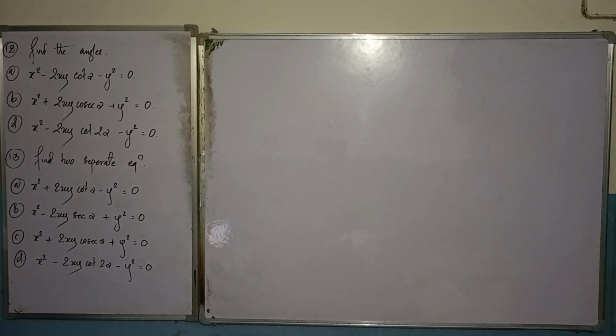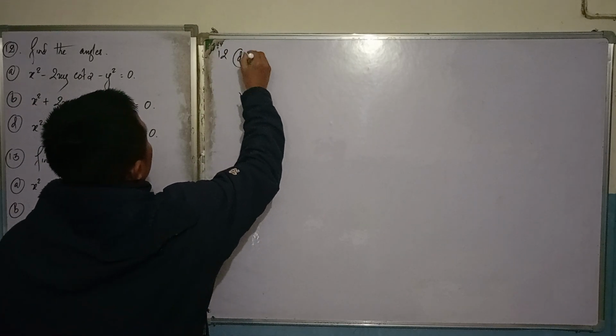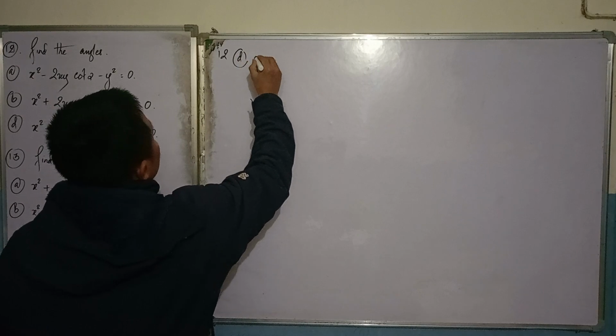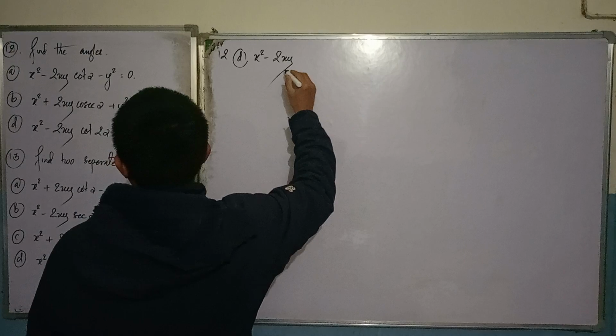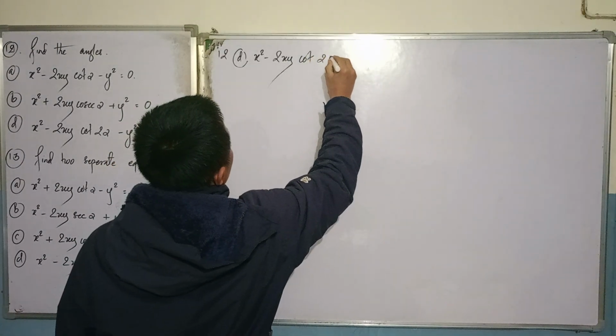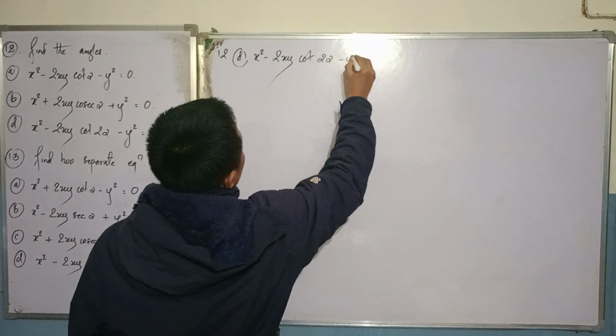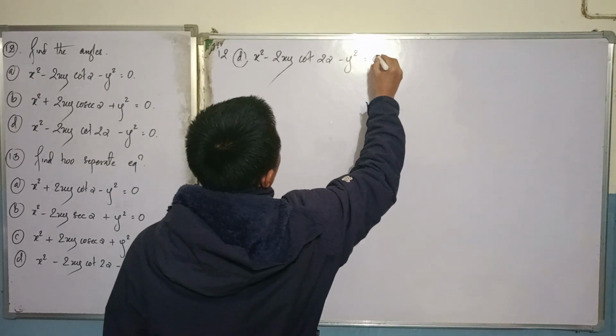We have to find the angles. So to find the angles, we have to build the equation. We have x squared minus 2xy cot 2 alpha minus y squared equals 0.